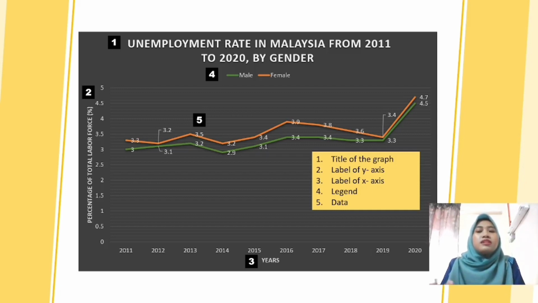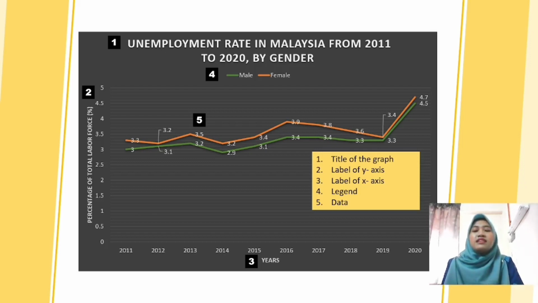First, the title of the graph is Unemployment Rate in Malaysia from 2011 to 2020 by gender. Next, the label of the y-axis refers to the percentage of total labor force. Next, the label of the x-axis refers to the years from 2011 to 2020.